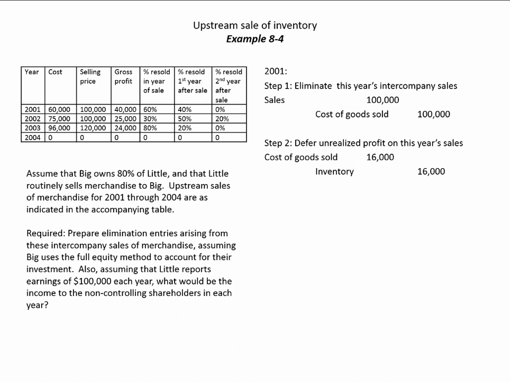That's the marked up value of the inventory. The true cost was $60,000, so 40% of $60,000 is $24,000. So we're reducing our inventory from the marked up $40,000 down to the true cost of $24,000. Step 3, where we carry forward the unrealized gross profit from the previous year, is not applicable because nothing happened prior to 2001.